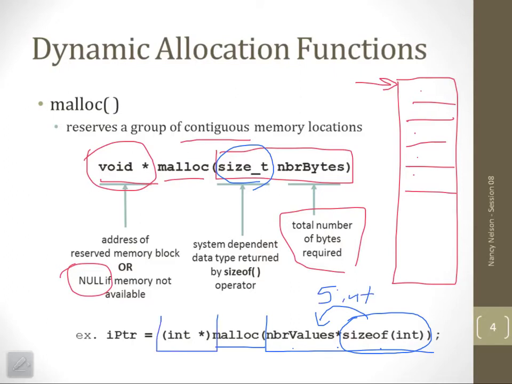Here we have some typecasting. That means we're going to force the returned value from this function to be a pointer to an integer, called iPointer. That typecasting is necessary to use with malloc. So at this point, assuming our allocate was successful, we now have iPointer pointing to the first location in that block of memory.